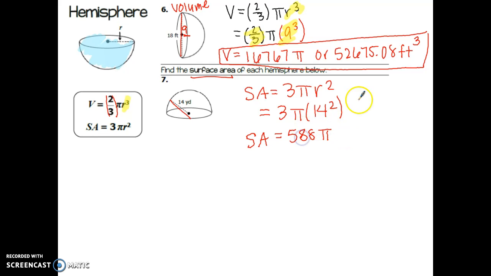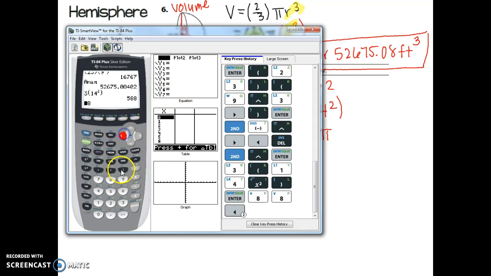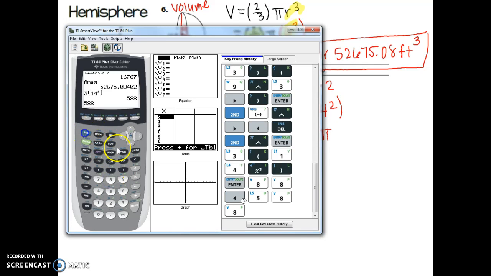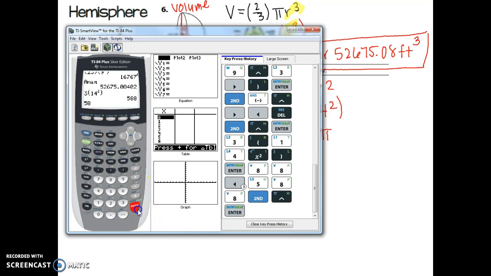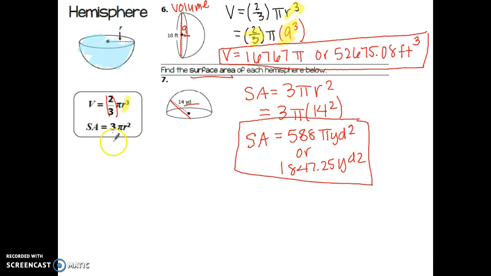And of course we drop our pi. But if we are looking here for our decimal, we would say 588 multiplied by pi. And our answer is 1847.25. We take our units and we square them. In surface area, you square your units, and in volume, you cube them.